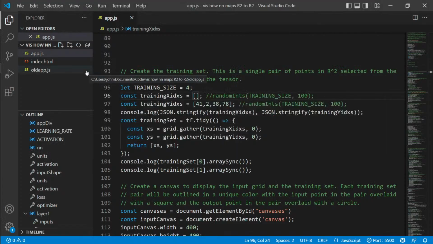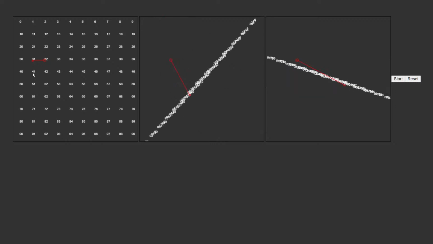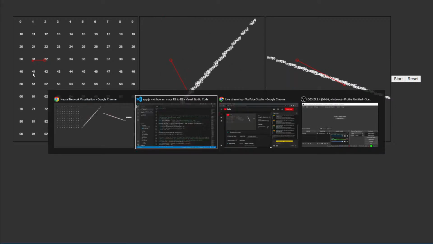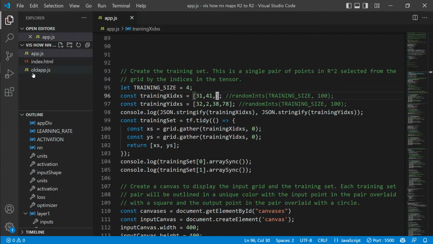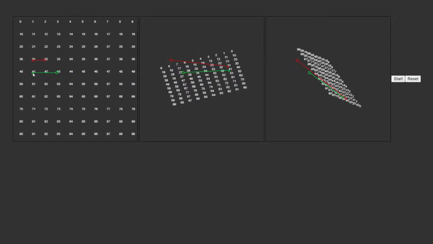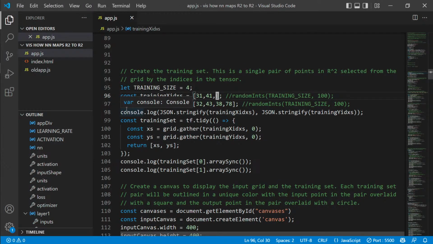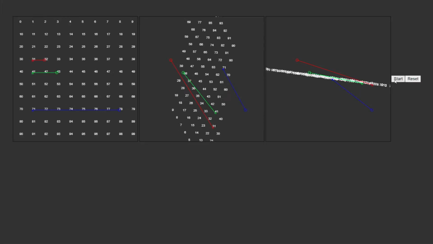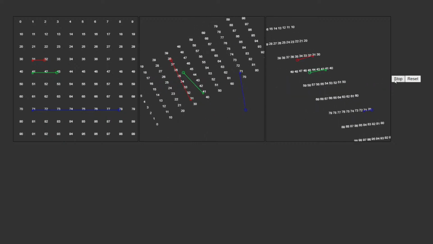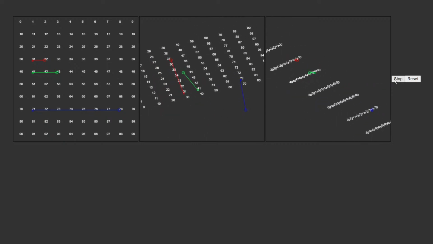I'm not really sure what that means, but like 31, 32, and then this one, 41, 43. And then you do 71, 78, right? This is so not going to be fittable. Oh wait, it's easily fittable. Never mind.